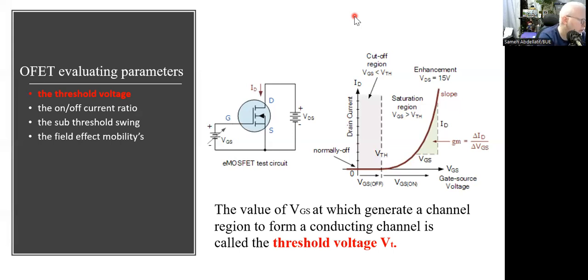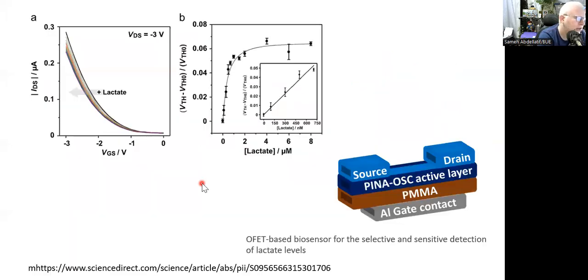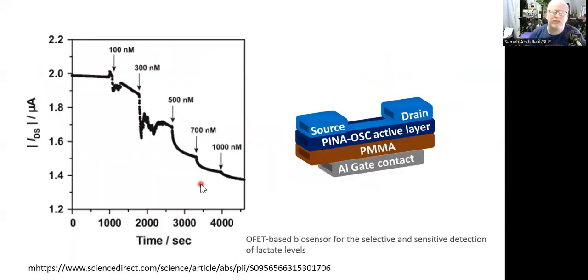For example, let's go here for lactate. Your sensitivity will increase if you are capable of making the output change for the smallest possible change in the input. So you target a minimum threshold voltage if possible.